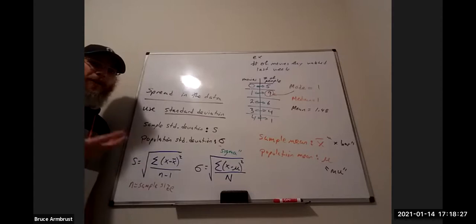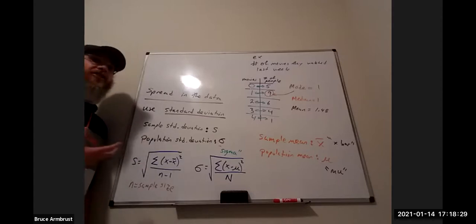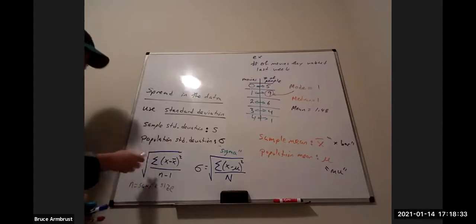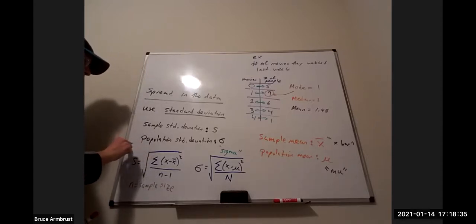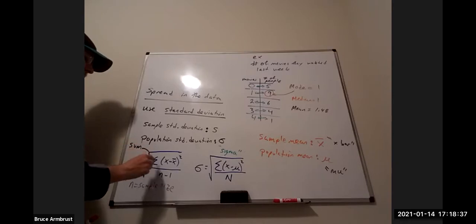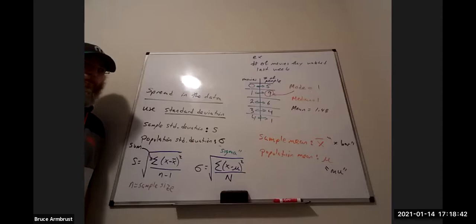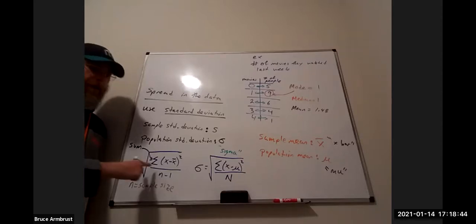And Carolina just put in the chat box exactly what it is. It's a sum. Anytime you see this capital sigma, this means sum. So we're going to add up a bunch of things.